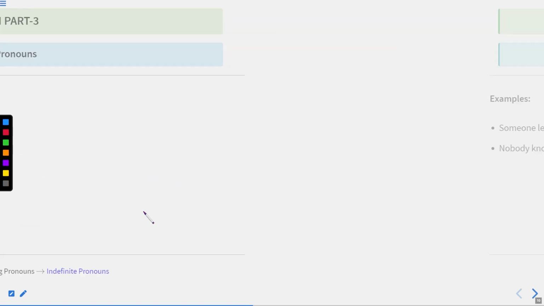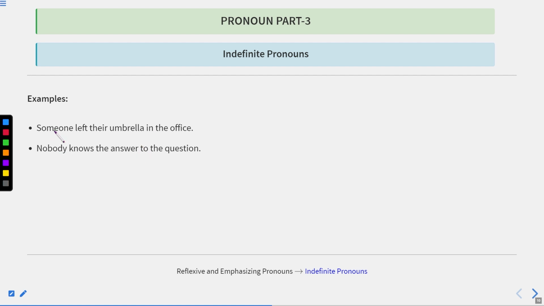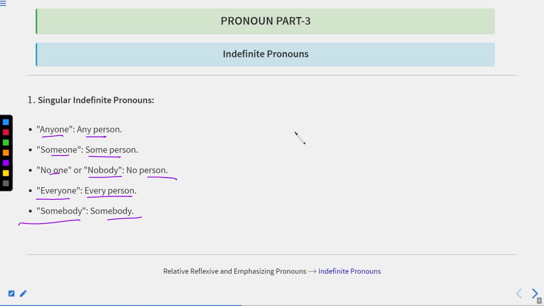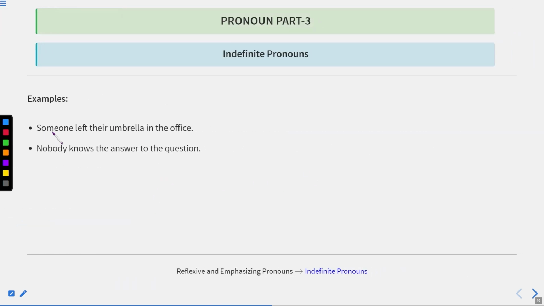Examples. Now in case of indefinite pronouns, whenever we have an indefinite pronoun, one thing we should keep in mind: these are always followed by a singular verb. Now if I say someone left their umbrella in the office, this sentence is incorrect.